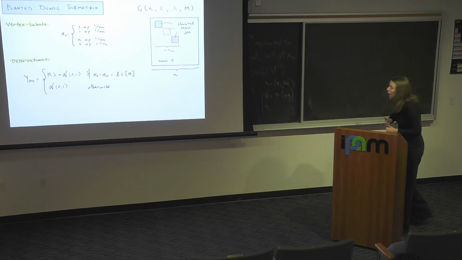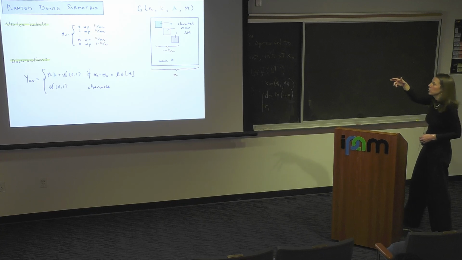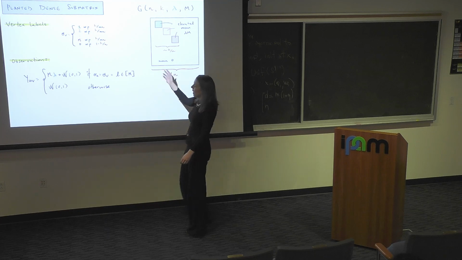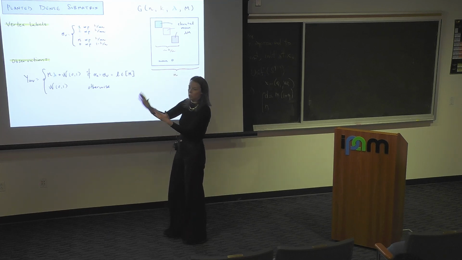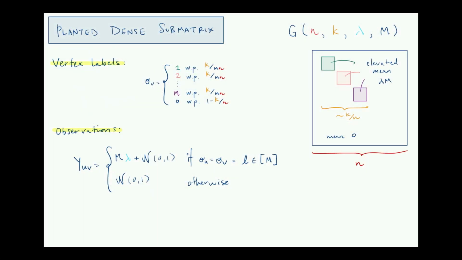Okay, I'll mention that it's easy to extend these results to a planted dense submatrix problem. This is very similar. I have a standard Gaussian matrix, and I'm choosing my communities in the exact same way. Then, if i and j are both in the community, I elevate their mean using a lambda parameter, right?